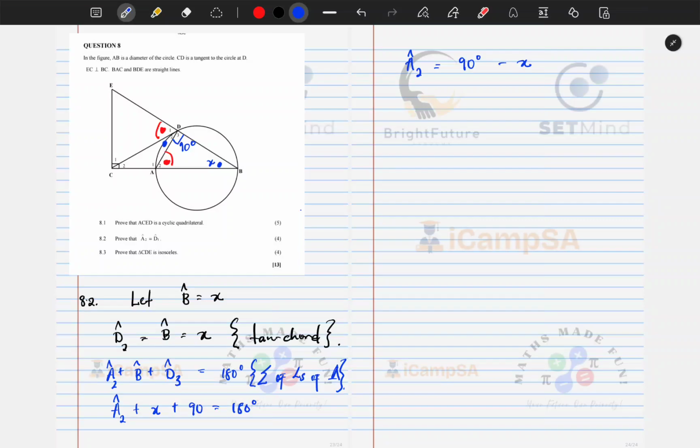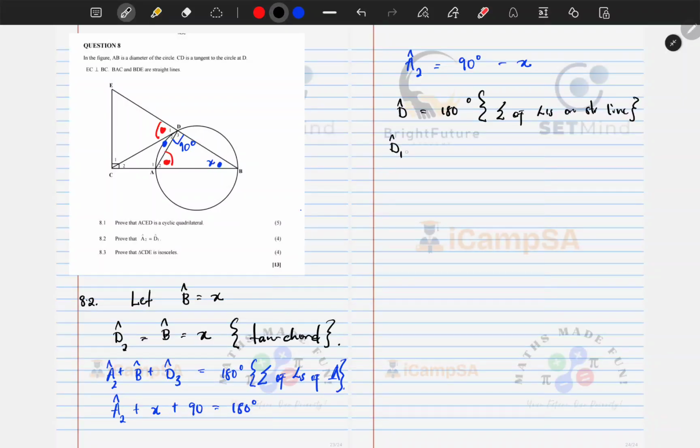So how can we find D1? It's also fairly simple. Remember the entire angle D is equal to 180. Why? It's also the sum of angles on a straight line. So angle D is composed of D1 plus D2 plus D3.